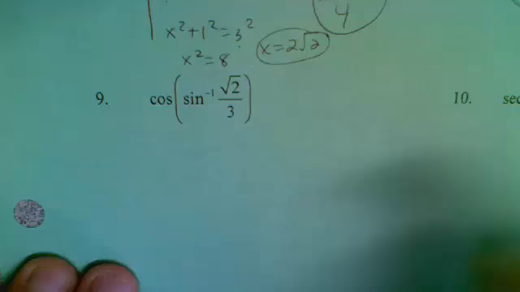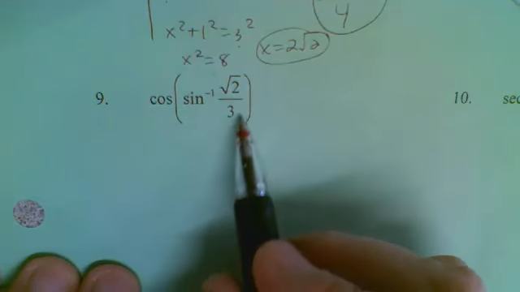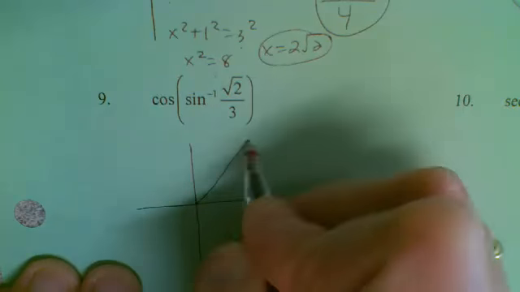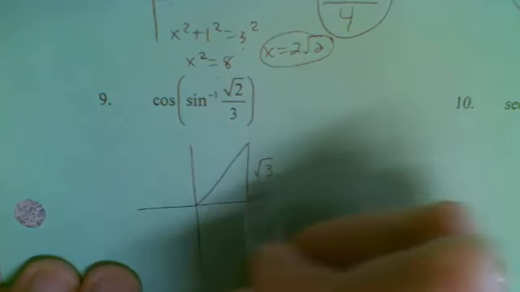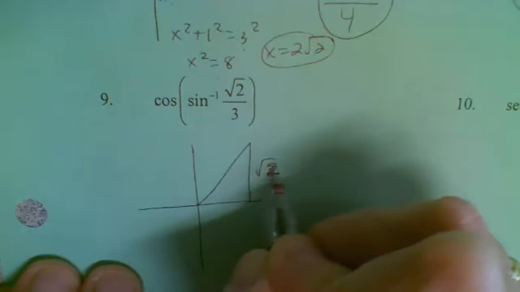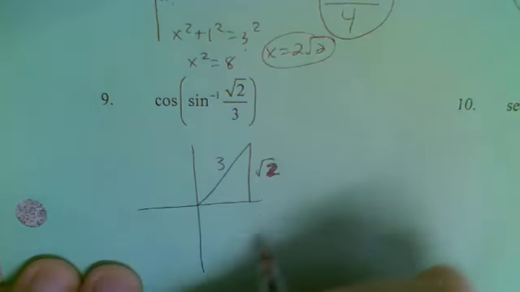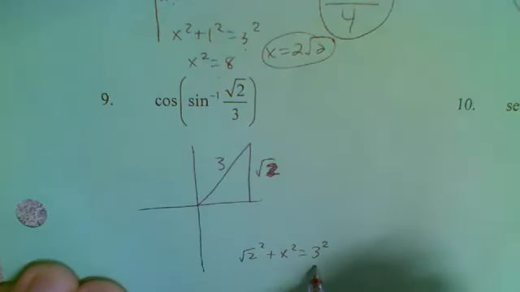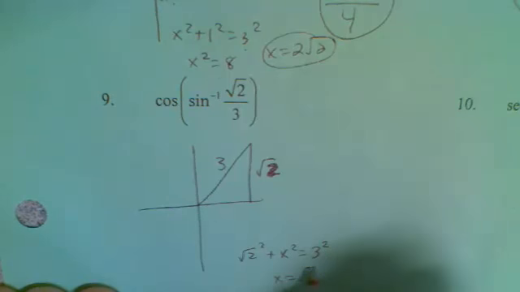Alright, we have inverse sine of radical 2 over 3. So we're going to draw that picture. Y is radical 2, y over r. So if I take radical 2 squared plus x squared equals 3 squared, I'm going to get 9 minus 4. I believe x is also radical 5.